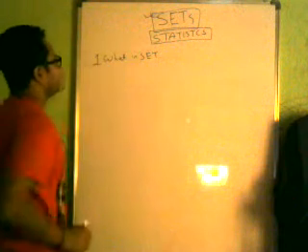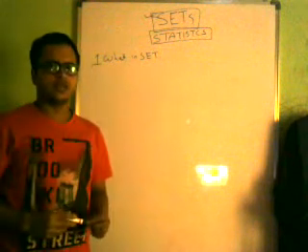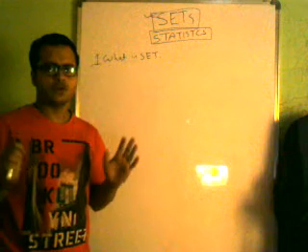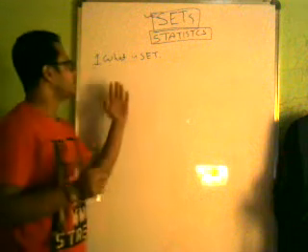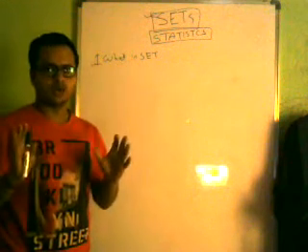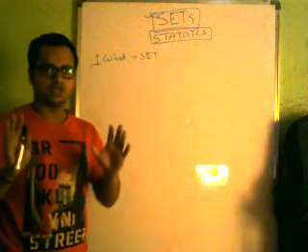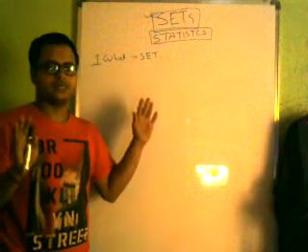In statistics, a set is defined as a collection of well-defined distinct objects. We call it a set. Collection of well-defined distinct objects is called a set in statistics, right?